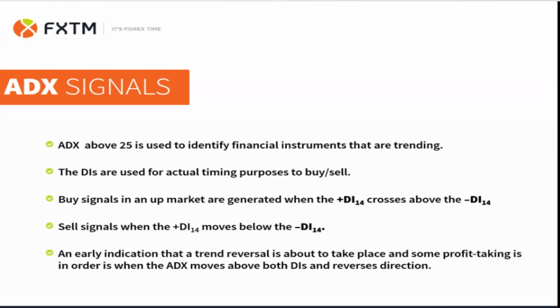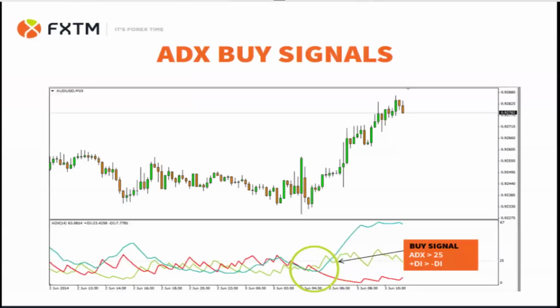When the plus crosses above the minus, it tells you that the market is going to buy. And if the minus crosses below the plus, it tells you that the market is going to sell. So this is what we're talking about.